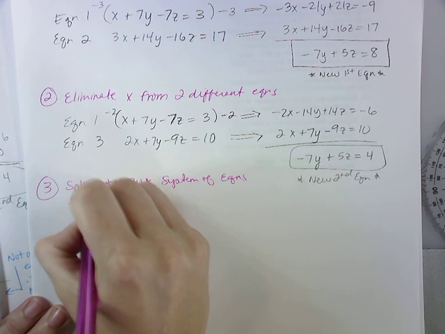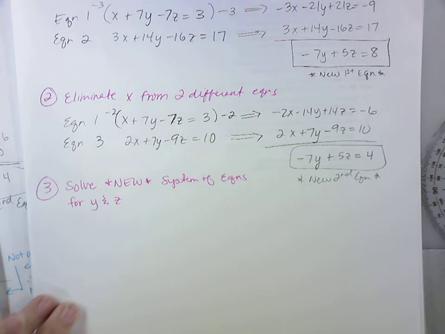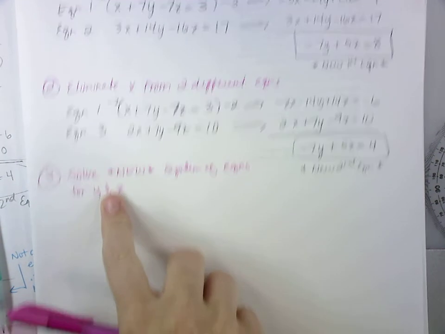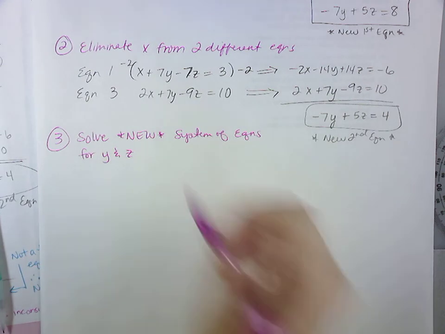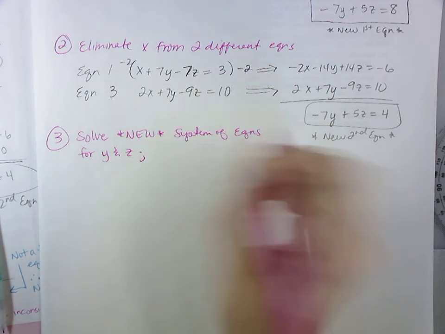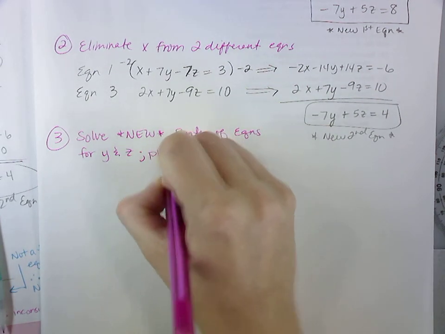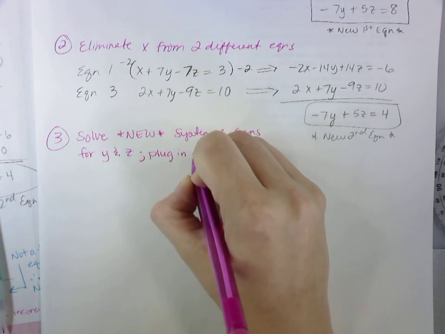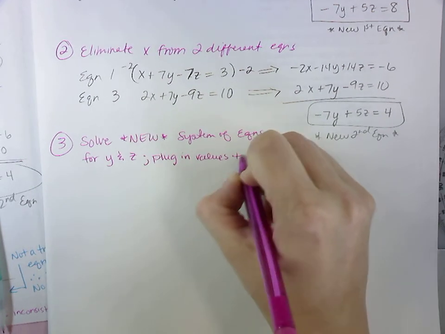So you're going to solve the new system of equations for y and z, and then once you know y and z, what are you going to do to find x? Plug it back in, right? So plug in values to find x.